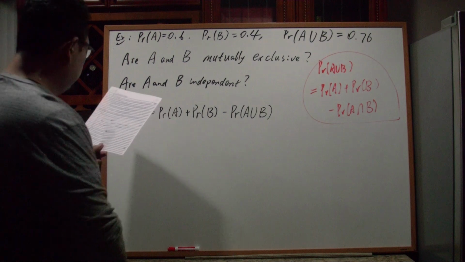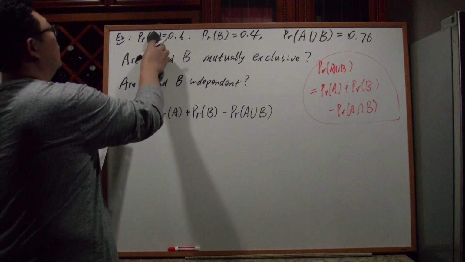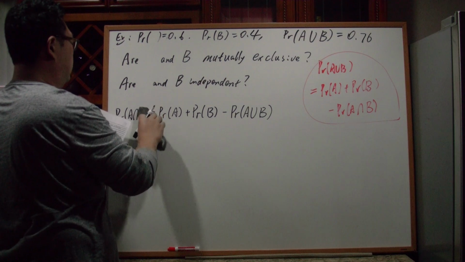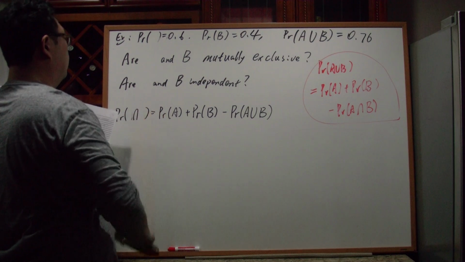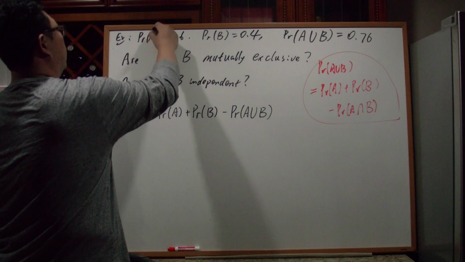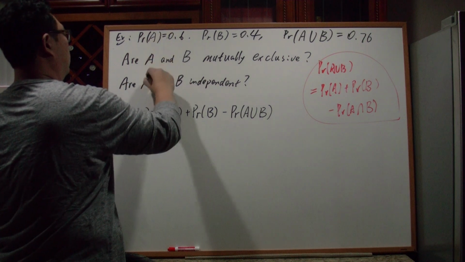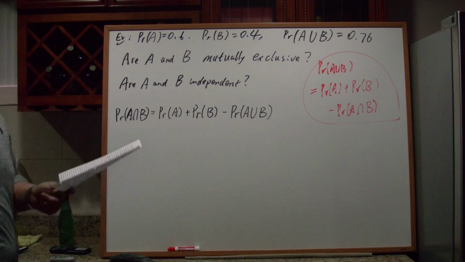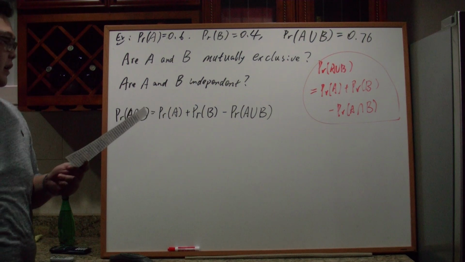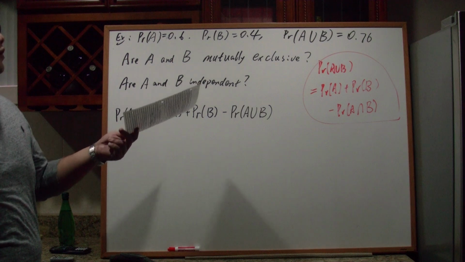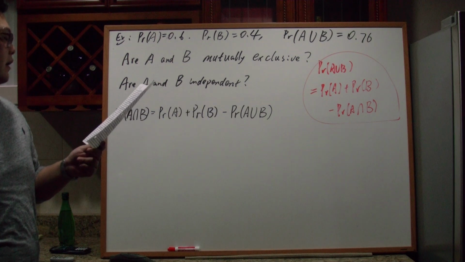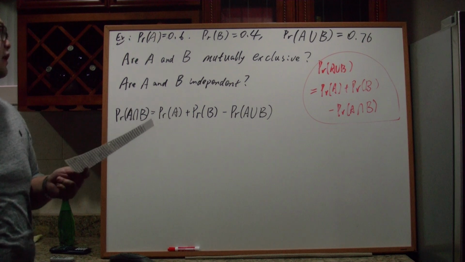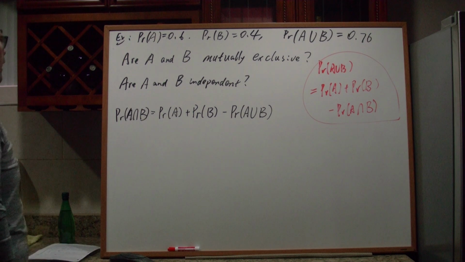I have on my notes using different notation, so just change a bit. On my notes I have E and F, here I use A, B, that's the same. 0.6, 0.4, and the union is 0.86. And asking, are they mutually exclusive, are they independent, similar thing we had.